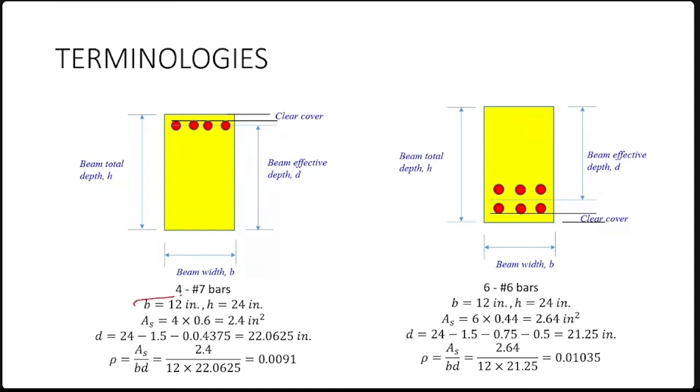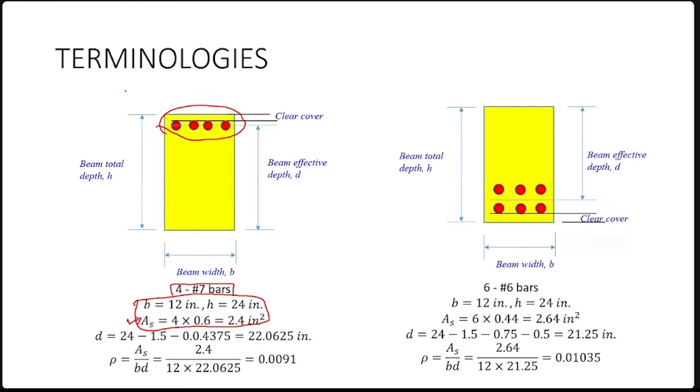So we have B and H, and this beam has 4 number 7 bars. So steel area is calculated as 4 into 0.6. 0.6 is the area of 1 number 7 bar.